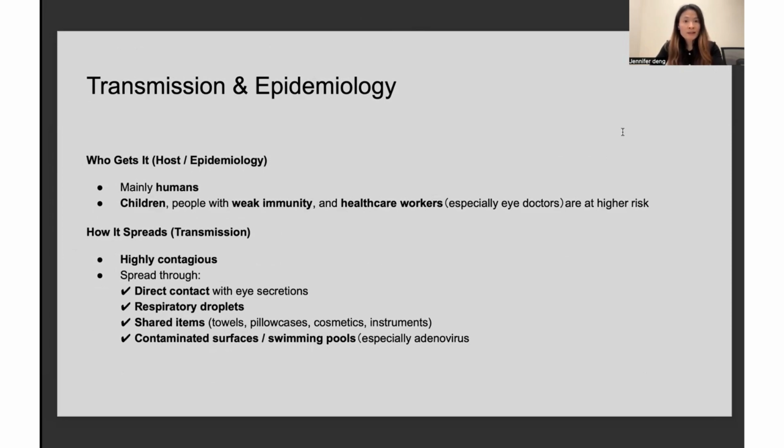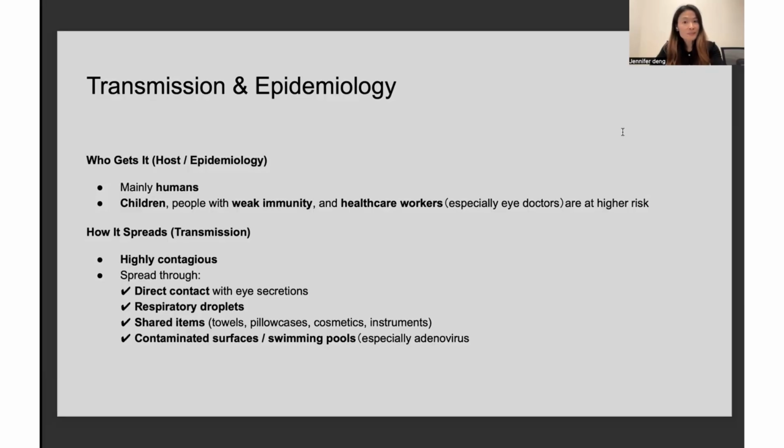For the transmission, viral conjunctivitis mainly affects humans, and the people at highest risk are children, older adults with weak immunity, and healthcare workers, especially eye doctors. It is extremely contagious.